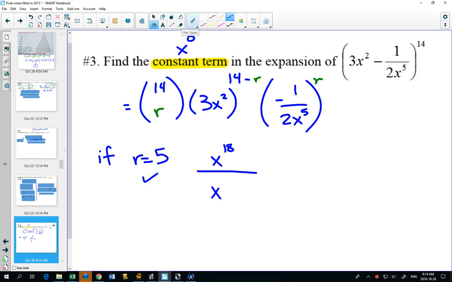And if I have a 5 as an exponent for my denominator, I'd have x to the 25. That would tell you you have too many x's in your denominator. How do we reduce the number of x's in our denominator? We would have to make r smaller. And probably you would get 4 the next time and get it right. So that is the mental math way of thinking about it and figuring it out.